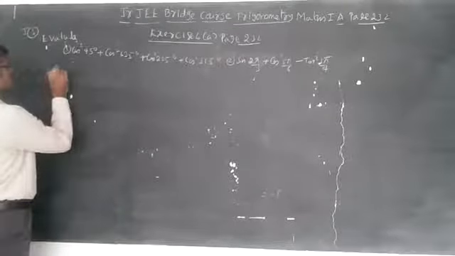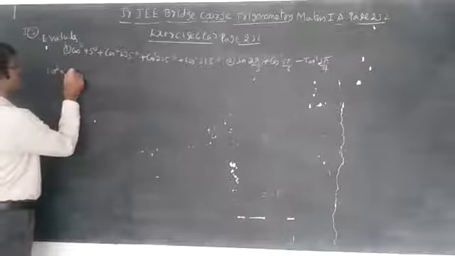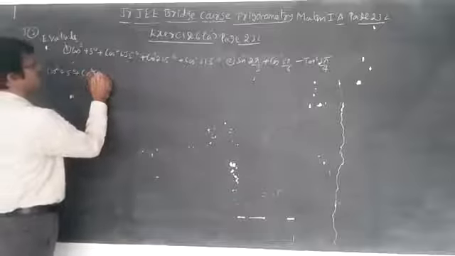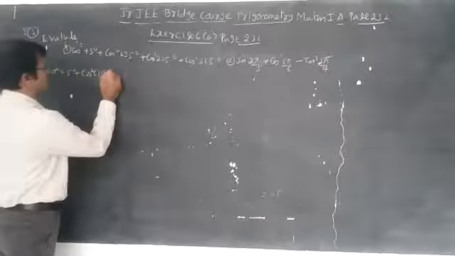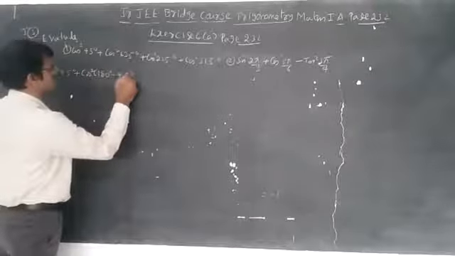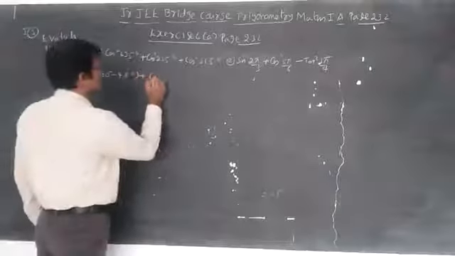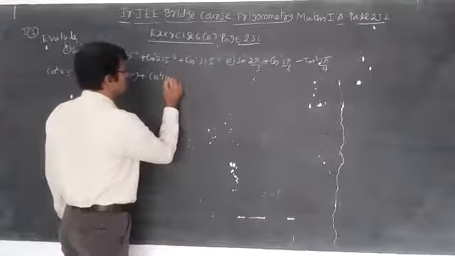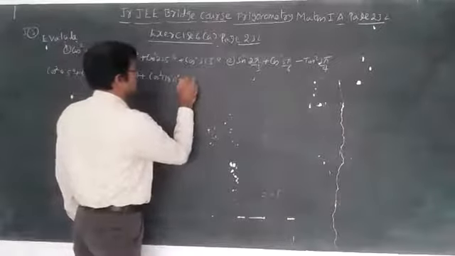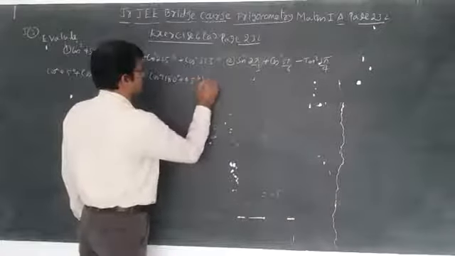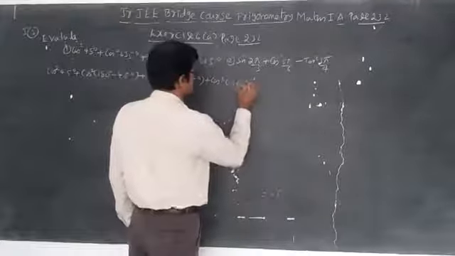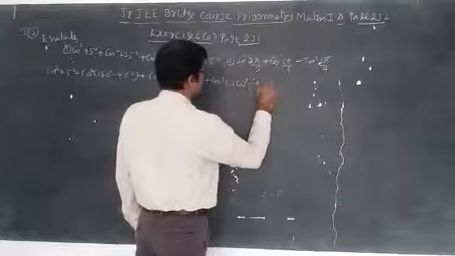Students, I am writing here cos square 45 plus cos square of 180 degrees minus 45, plus cos square of 180 degrees plus 45, plus cos square of 360 degrees minus 45.